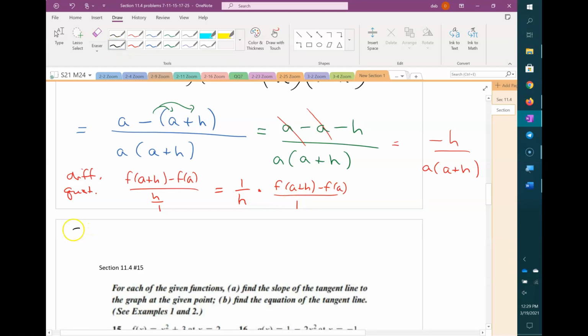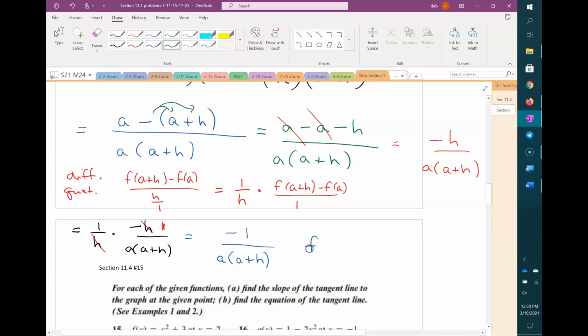So the difference quotient is going to be 1 over h times negative h over a times a plus h. These h's are going to cancel to be a 1. Don't lose your denominator. It's still there. It's a 1, but it's a negative 1 because the negative sign also did not cancel. So here's my difference quotient.